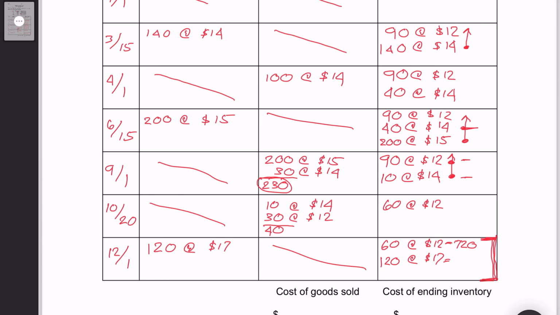The next one we have is 120 units at $17. This means I have $2,040. We're going to go ahead and add these together, and we get $2,760. Now this $2,760 right here, this represents my ending inventory. So I'm going to bring that right down to my cost of ending inventory, $2,760.